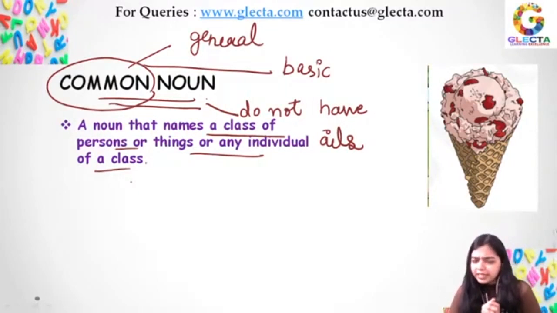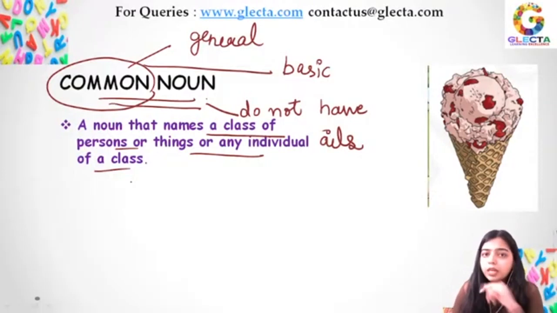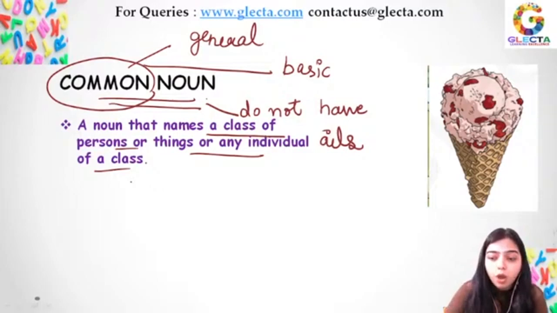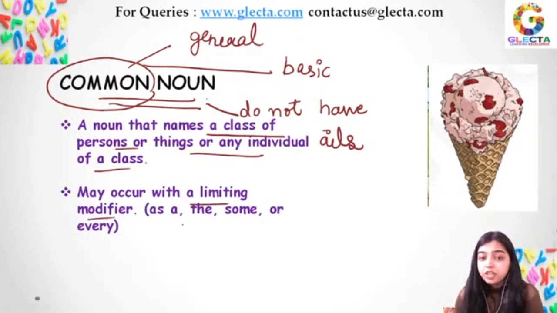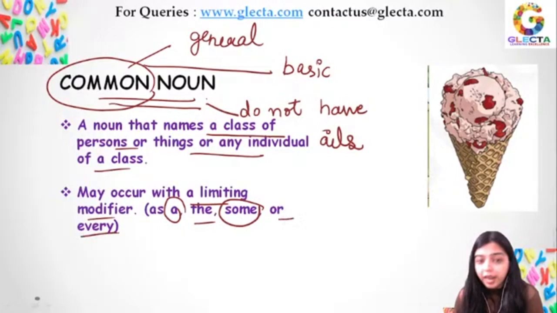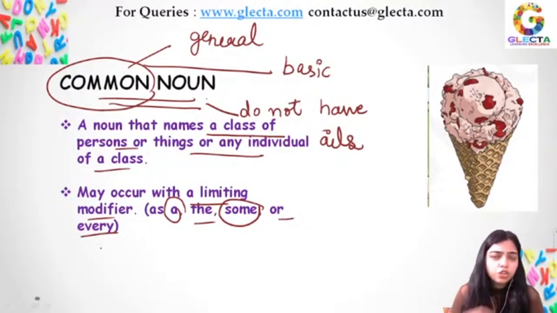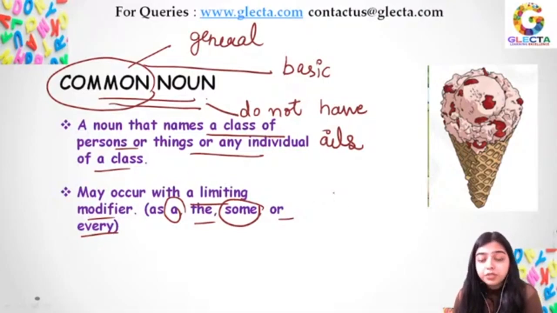Now, coming to the sentence that I said, some dogs, some cats, we come to the next pointer about common nouns. They may occur with a limiting modifier such as a, the, some, or every. For example, if we just give you this very common example from the part common noun, I am telling you that my birthday is on Sunday.